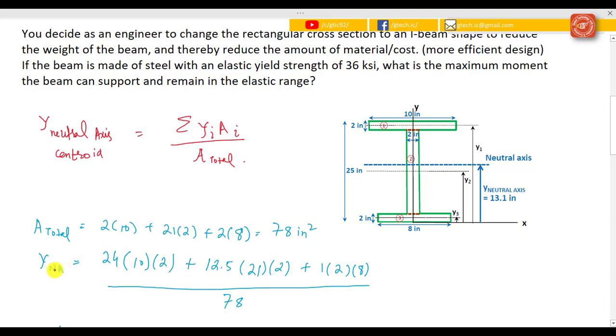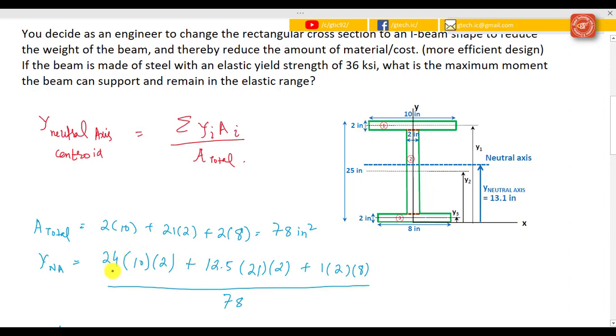For finding the y neutral axis, you have to multiply the area value by its centroid distance. This would be the central axis of this rectangle. The distance from this point to this point would be y1. That would be calculated as the total distance, 25 inches, minus the upper half of the rectangular cross section, which is 1 inch, and the answer would be 24 inches.